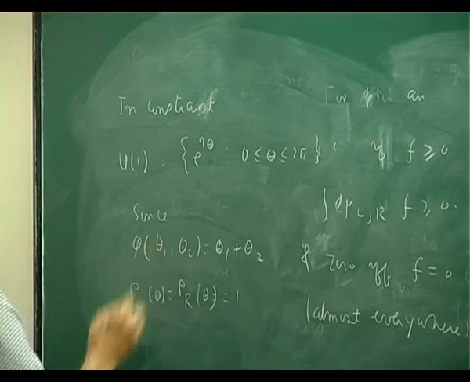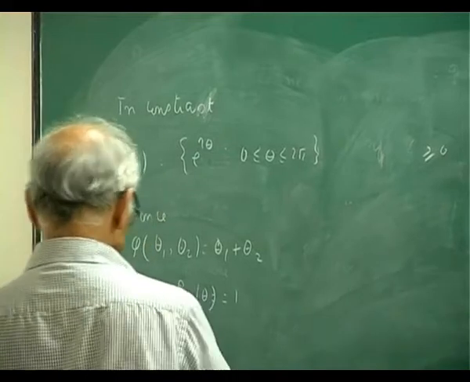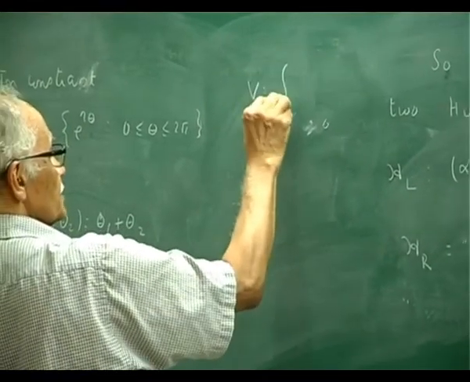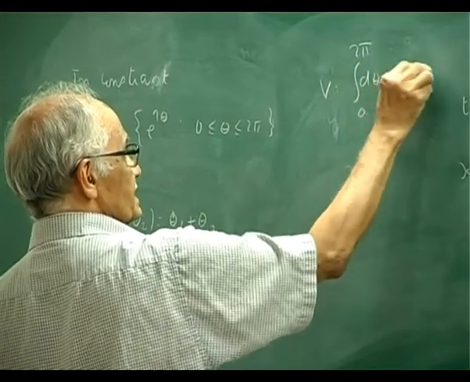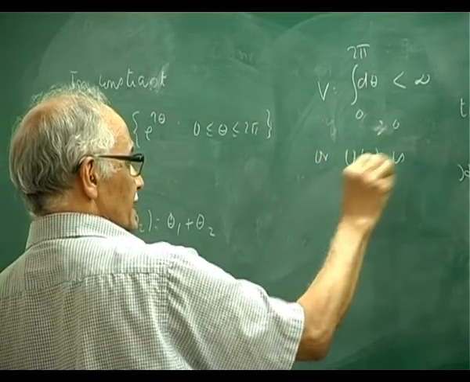Of course, the group is abelian, but the group volume, the integral from 0 to 2 pi of d theta, is less than infinity. So U(1) is compact.